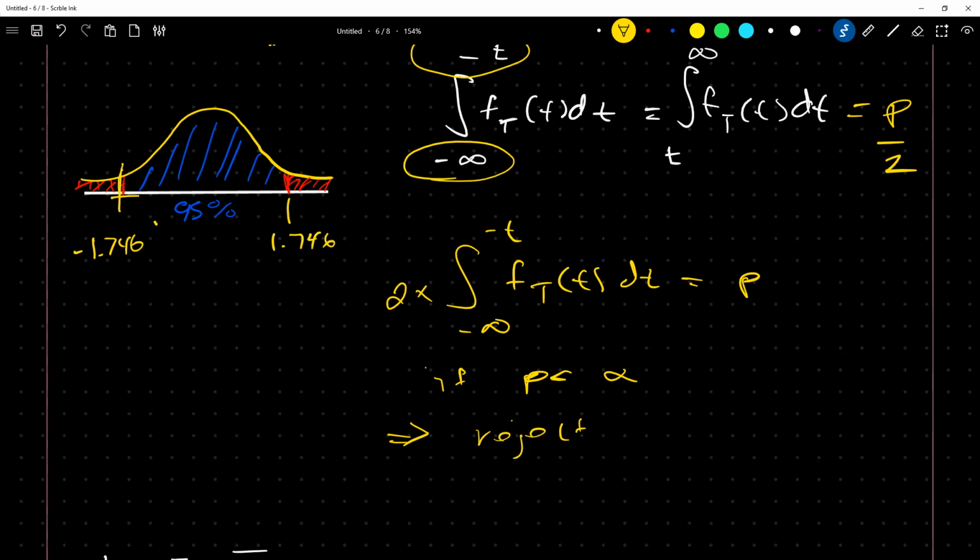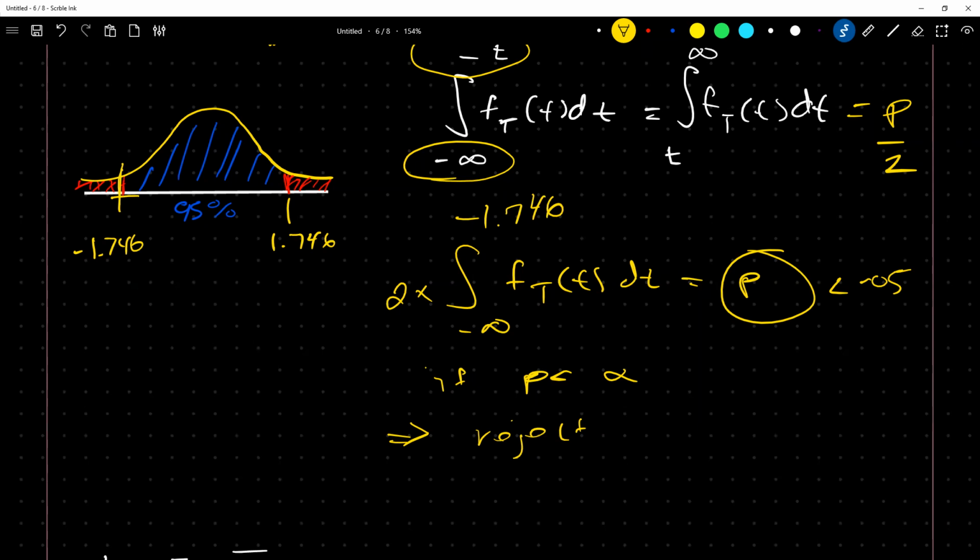Okay, so if our p-value ends up being, when we integrate from negative infinity to negative 1.746, if our p-value is less than 0.05, then we will reject the null hypothesis. But if it's not, we will fail to reject the null hypothesis.